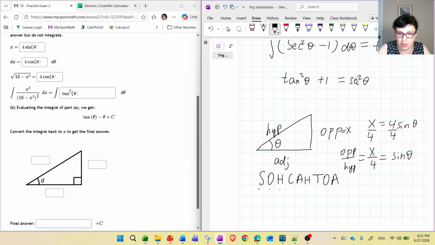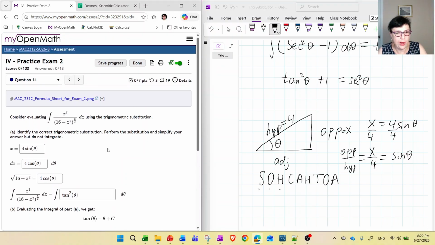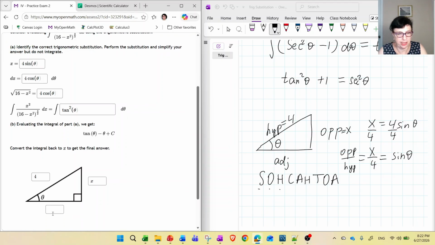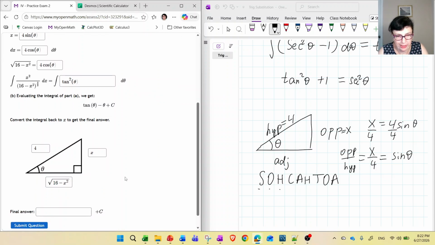Our adjacent side, we don't know yet, but hypotenuse is 4. Okay, so for the other side, it always has to match the root in the problem, the square root of 16 minus x squared. So this should be 16 minus x squared, which hopefully everybody understands is not 4 minus x.